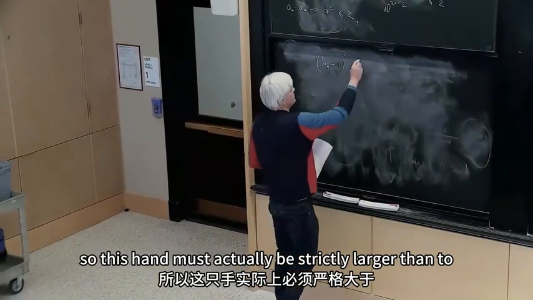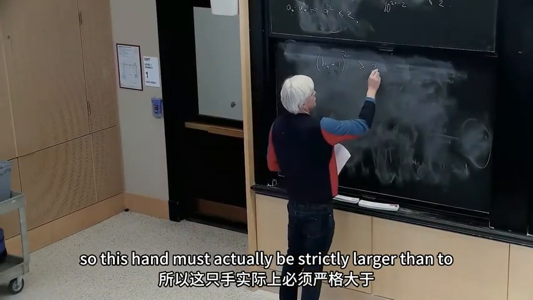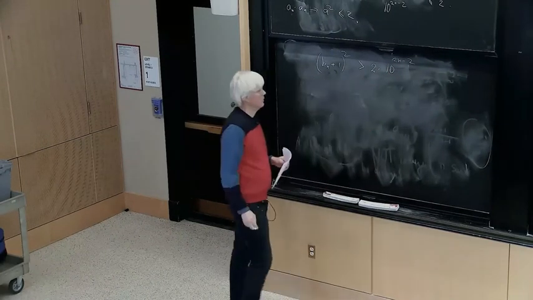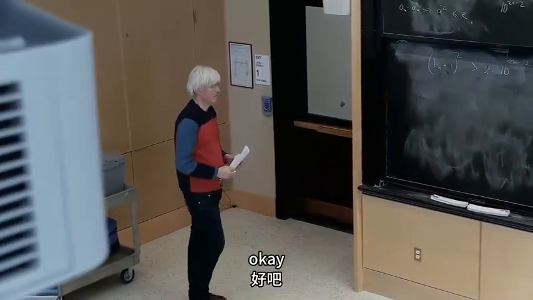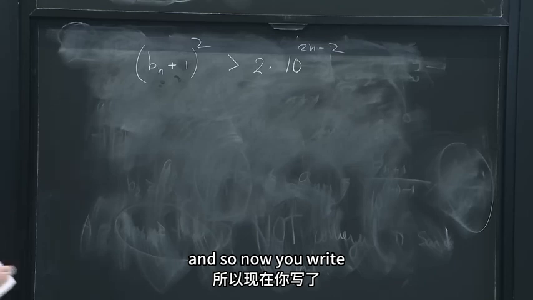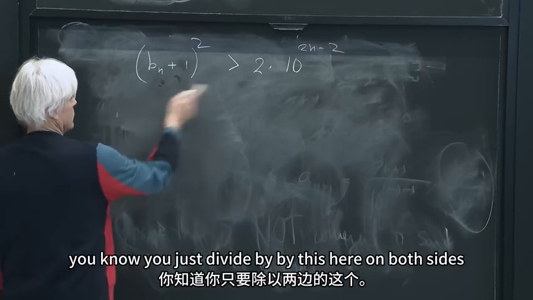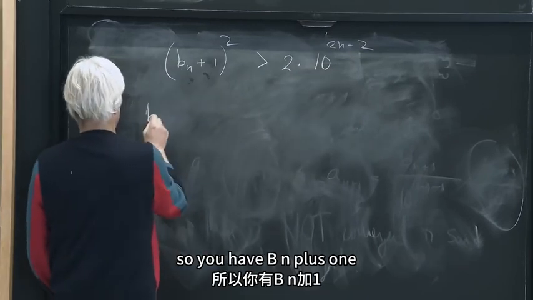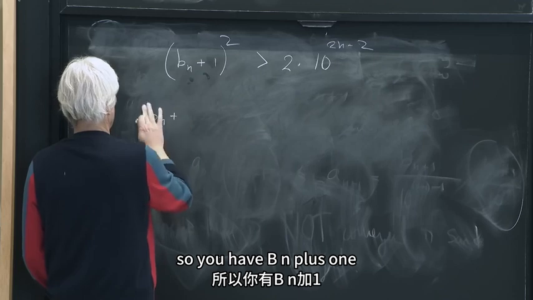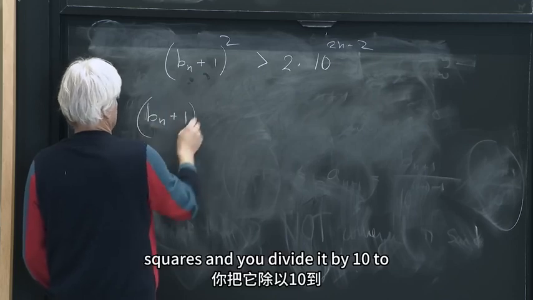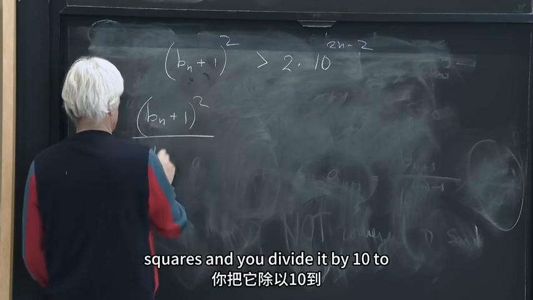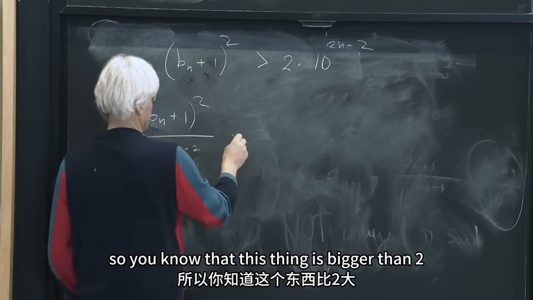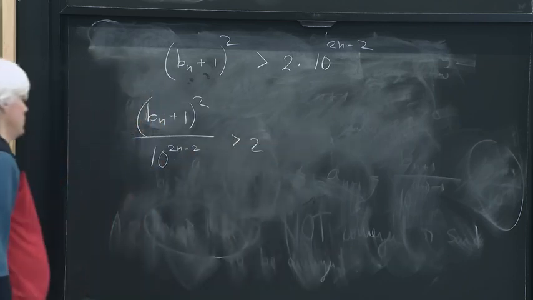So this must actually be strictly larger than 10 to the power 2n minus 2. Okay. And so now you just divide by this on both sides. So you have bn plus 1 squared, divided by 10 to the power 2n minus 2. So you know that this thing is bigger than 2.